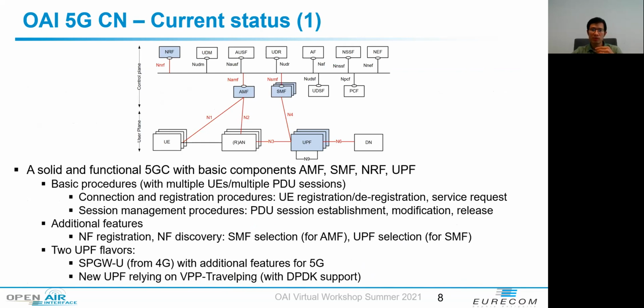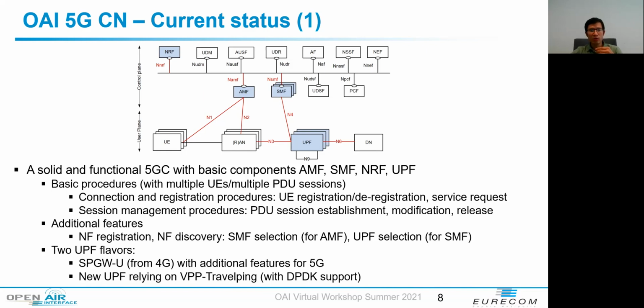And for session management procedures, including PDU session establishment, session modification, and session release. For example, with our core, a UE can attach to the network and establish multiple PDU sessions.